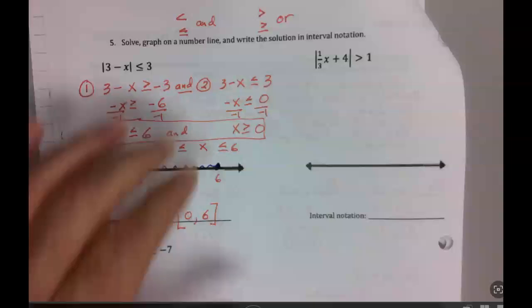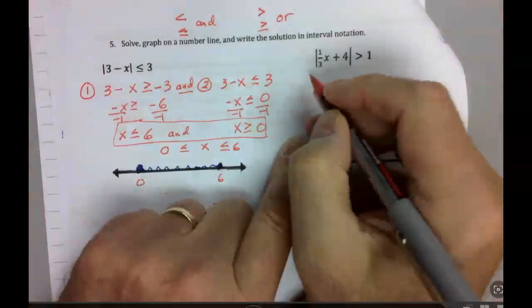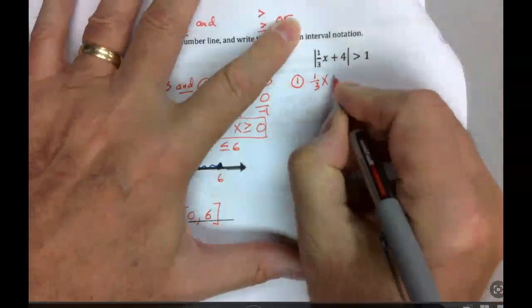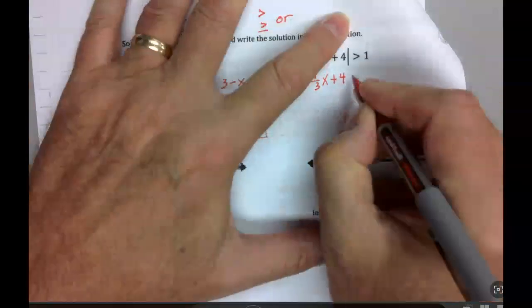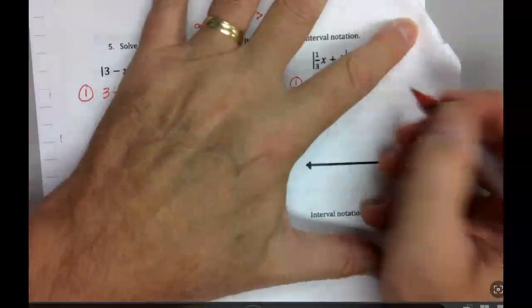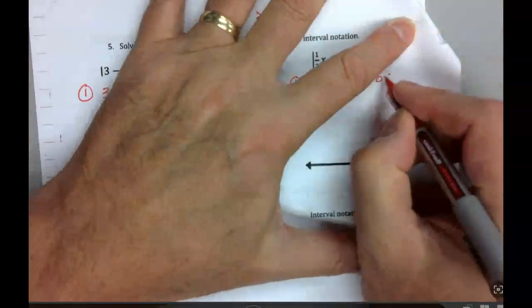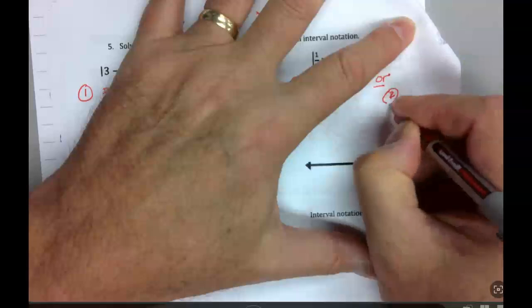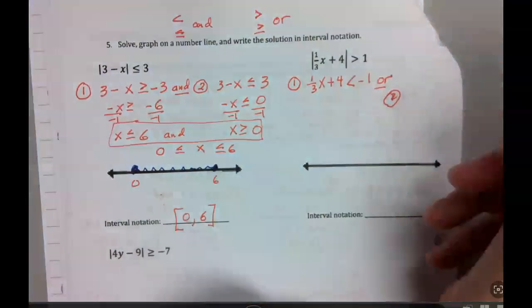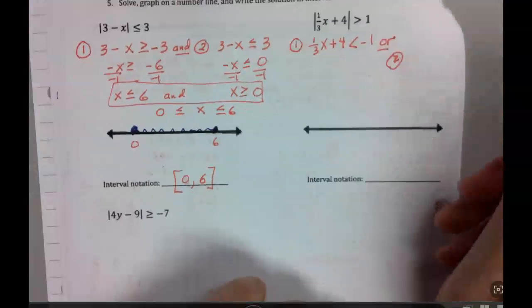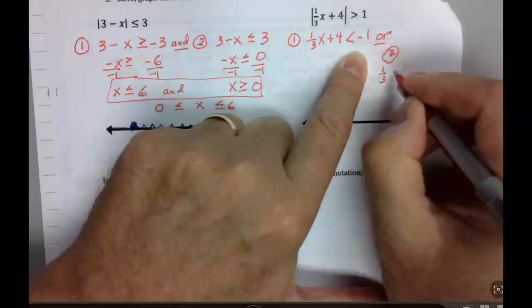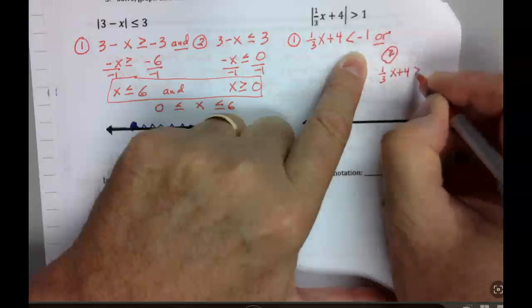This next one's an OR problem, correct? So the first one's going to be 1/3 x plus 4 is less than -1. And then the second equation, and this is an OR, just copy it down without the absolute value symbols.